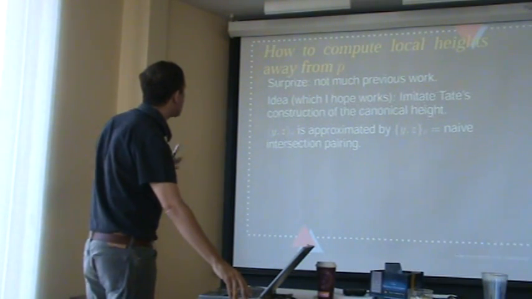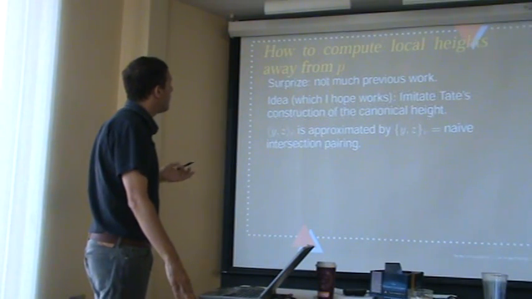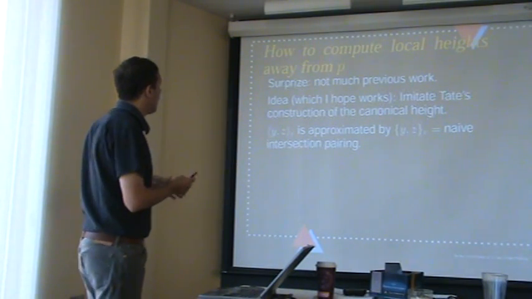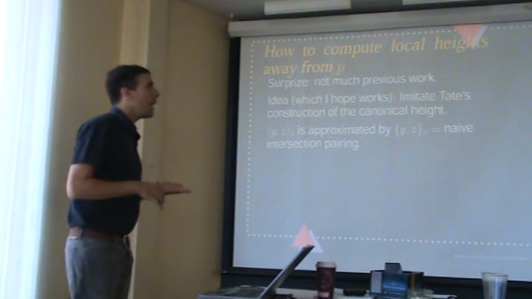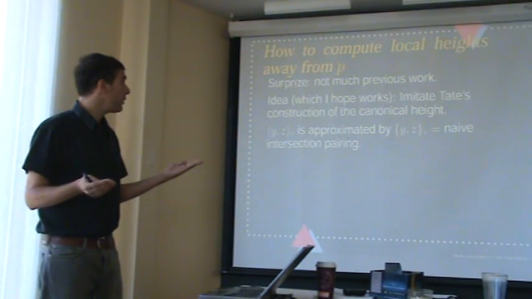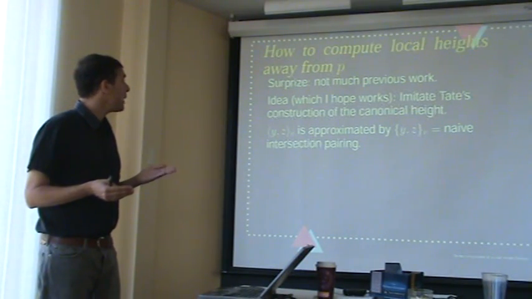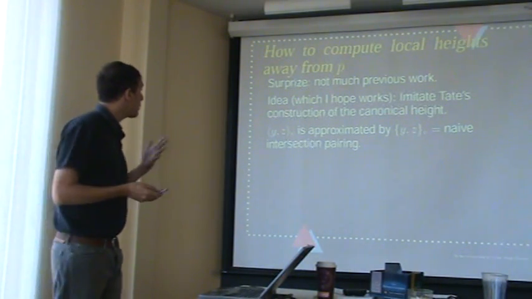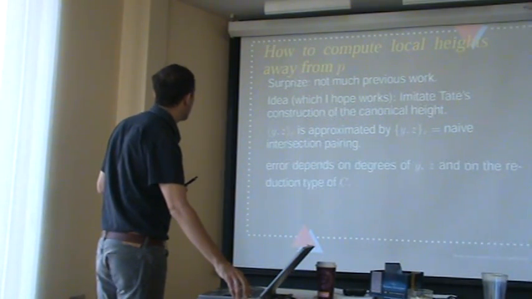So that's not going to be the same thing, but it's going to be close, and the difference is measured by the complication of the reduction of the singular fiber, and by the degree of the divisor. So you get some sort of bound which hopefully I can make explicit.